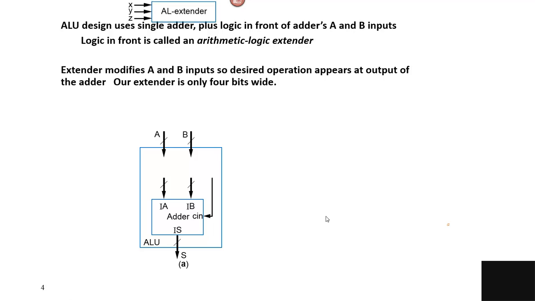We're going to use an adder just like we did in our previous labs where we had an adder and a subtractor. We had an adder that handled both addition and subtraction. We're going to do the same thing here, but rather than addition and subtraction, we want to be able to do all 8 functions.